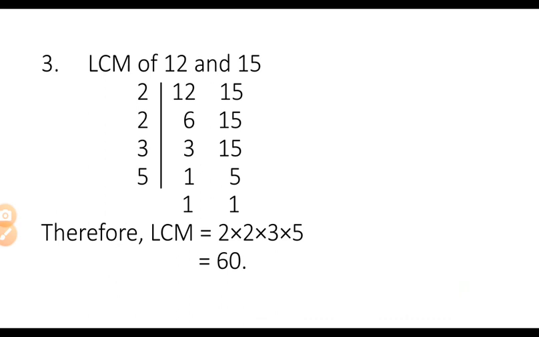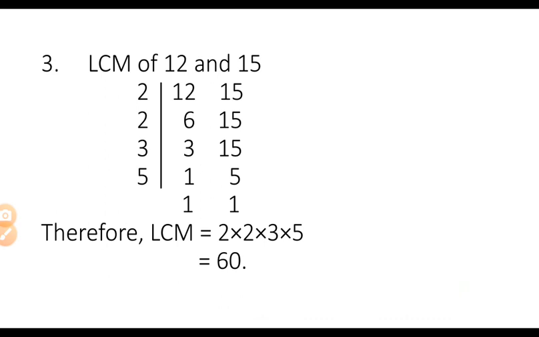What is the LCM of 12 and 15? Following the same table method of prime factorization, we are going to get 2 into 12, 6. 2 into 15, 15, because we cannot divide. 2 into 6, 3. Into 15, 15. Well, now it's 3. 3 into 3, 1. 3 into 15, 5.